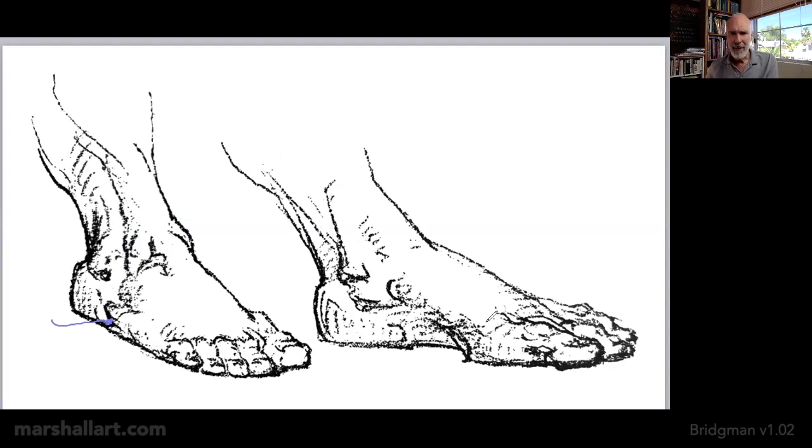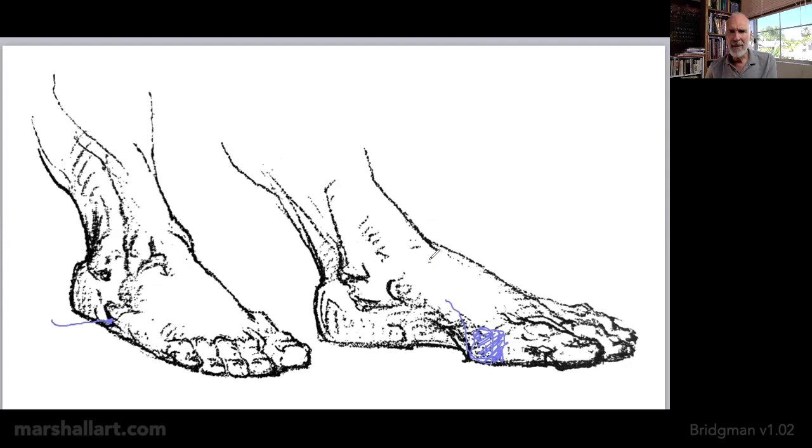Any others? Yeah. This is the metatarsal phalangeal joint. On your big toe side, there's a ball of the foot, as people call it. You can feel it right now. It's bone up against the skin. That's a landmark point.